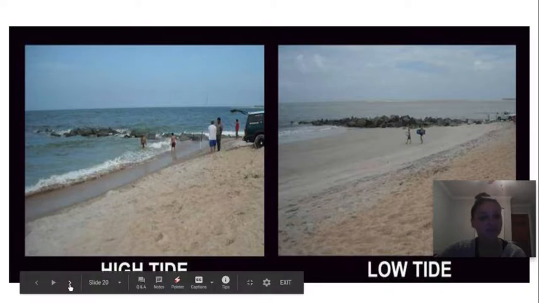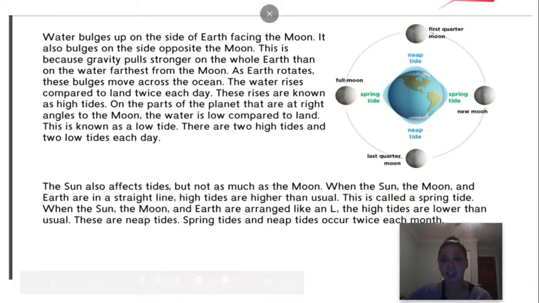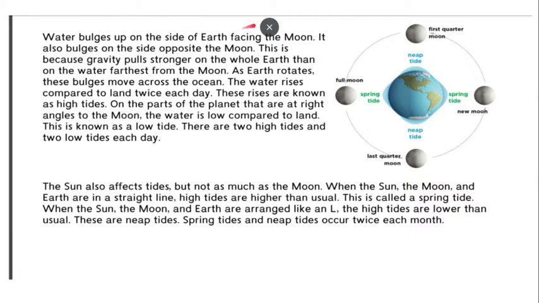All right. So here is a diagram on the right showing you how the moon is orbiting and how the gravitational pull is causing the tides. And so read along with me, and we're going to find out why there are low tides and high tides, and be able to answer that. So if you'd like, you can pause and read independently, or you can read along with me. Okay, water bulges up on the side of Earth facing the moon.